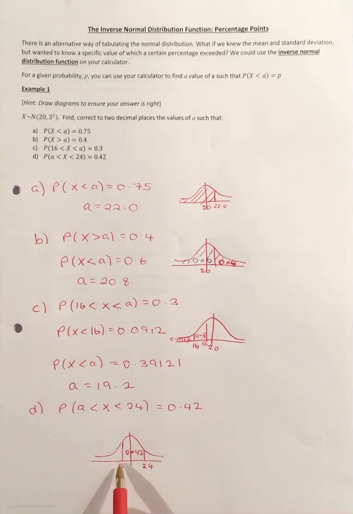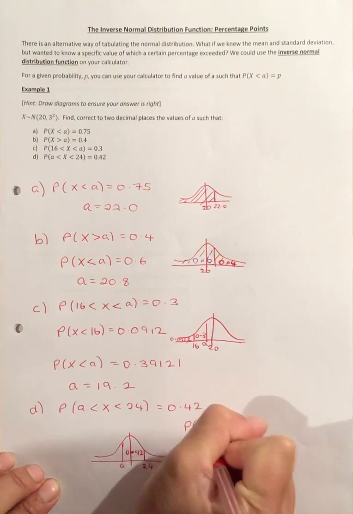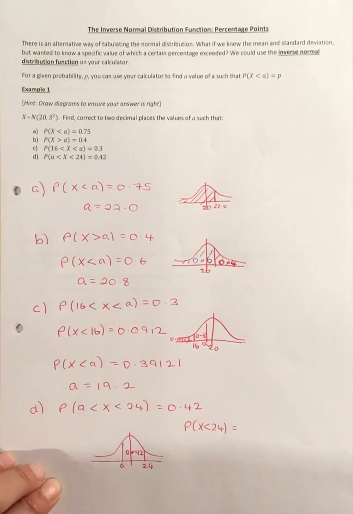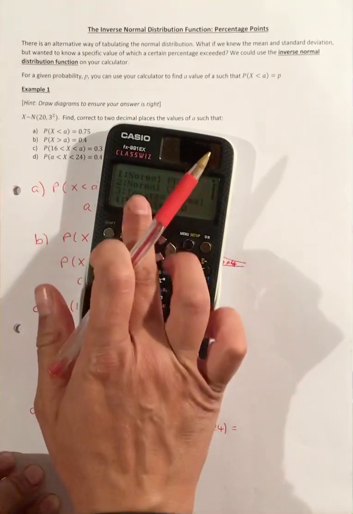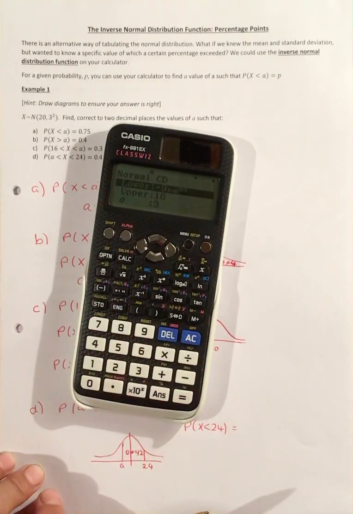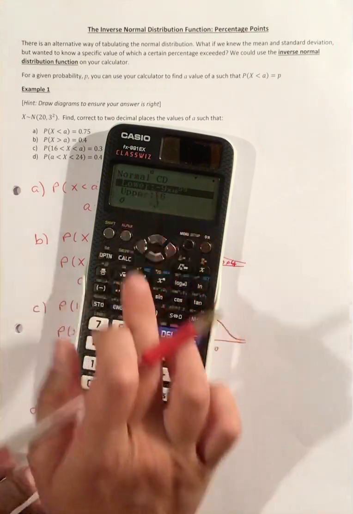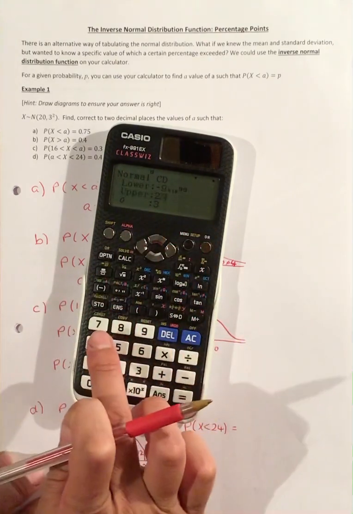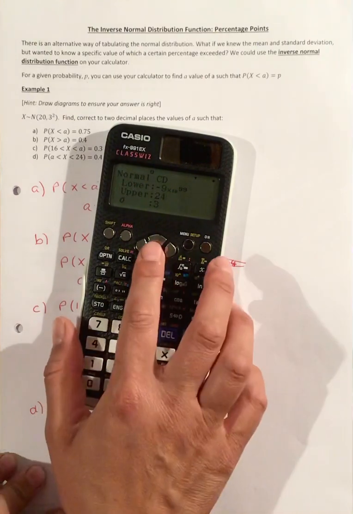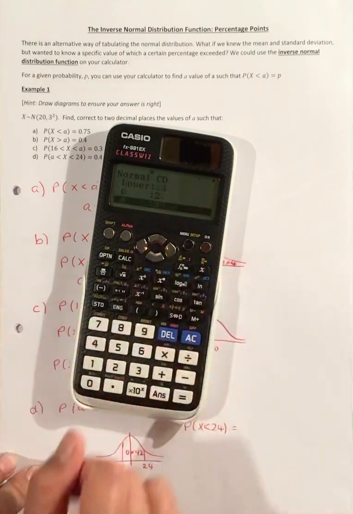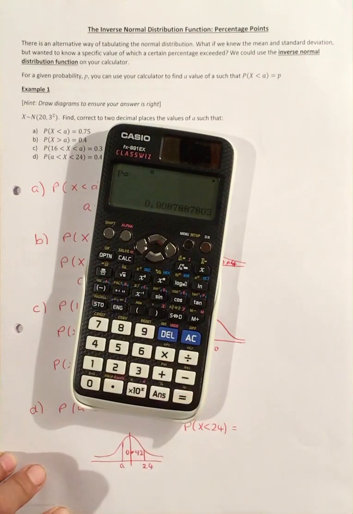Now I can't work out my value of a straight away, but what I can do is use my probability of x being less than 24. If I can calculate that on my calculator, using the normal cumulative distribution again, with a really small lower value, an upper value of 24, and my standard deviation of 3 and my mean of 20.